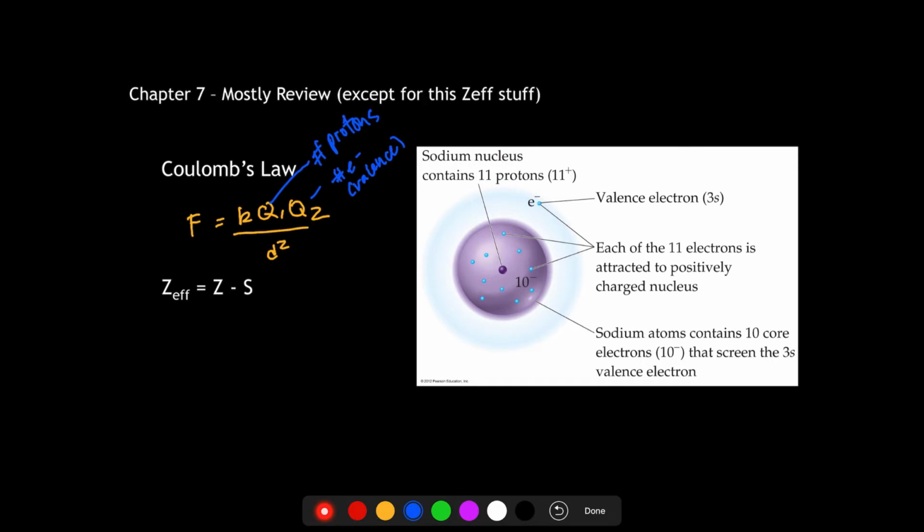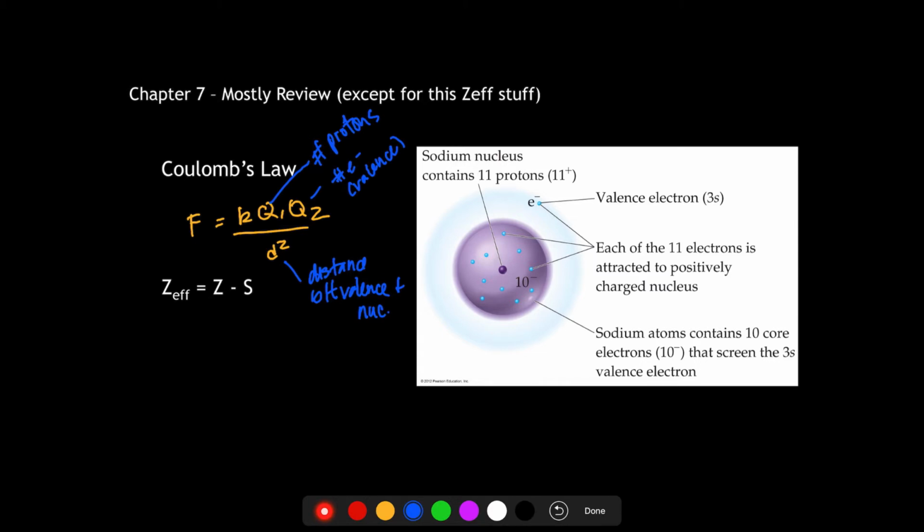Because going back to the crux of all chemistry, it's filling a valence. And so most often that's what we're talking about. So when we talk about distance, we're talking about the distance between my protons in the nucleus and my valence electrons. So distance between our valence and our nucleus.